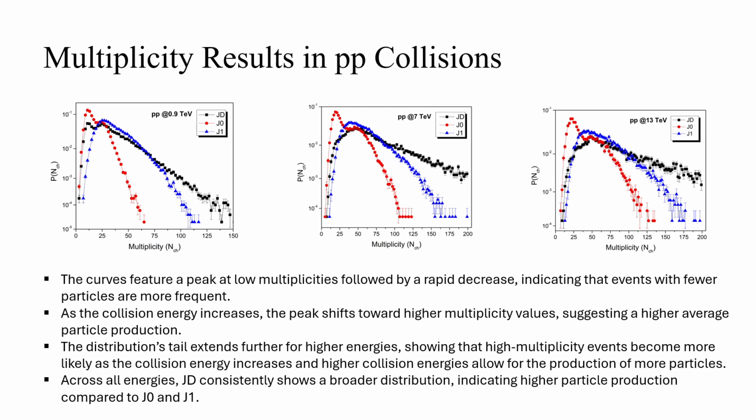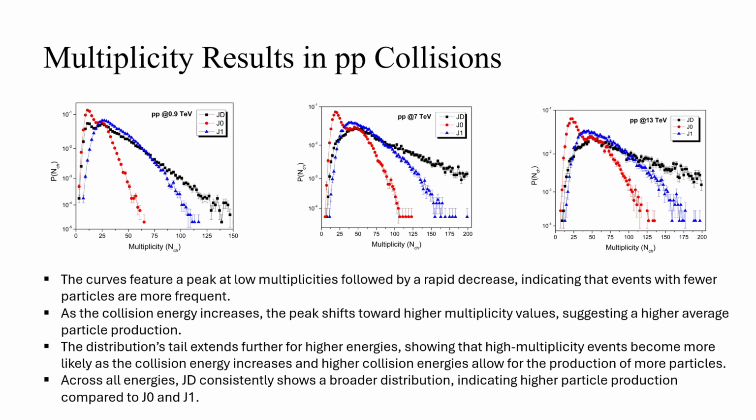What it suggests is that it represents events with lower particle activity. Here, lower multiplicity particles are more frequent. Understood? When your jet is set as 0, means when your jet is off, it shows lower multiplicity particles are more frequent. So that's the jet dependence in the case of multiplicity.